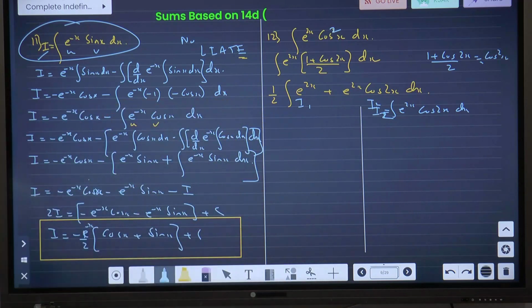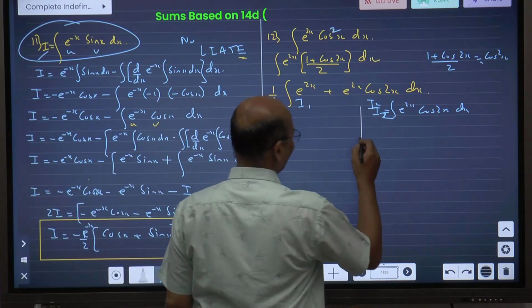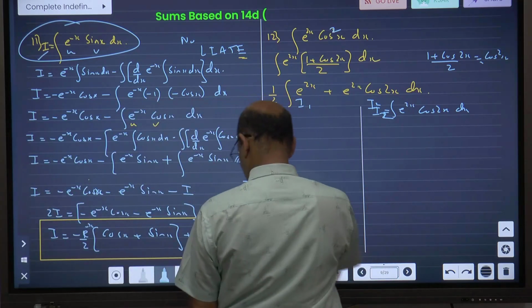Just have a look at what adjustment I'm trying to do for you all. Be very careful and use maximum space.